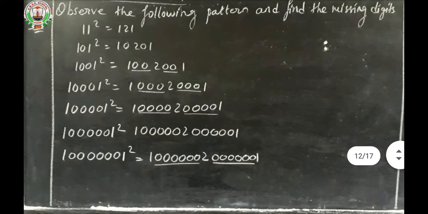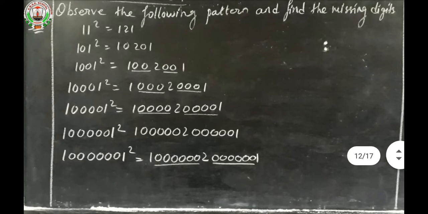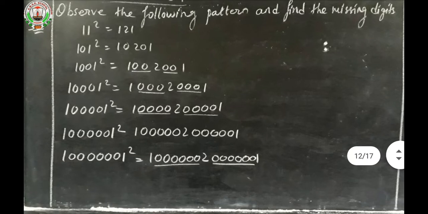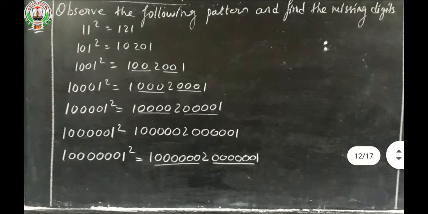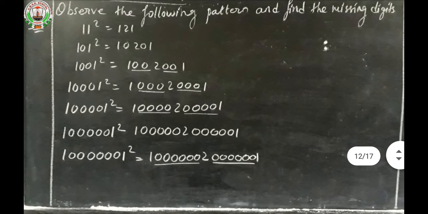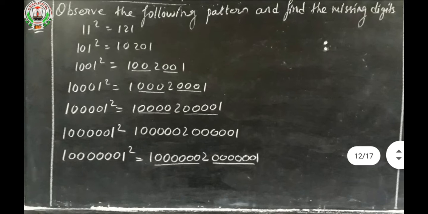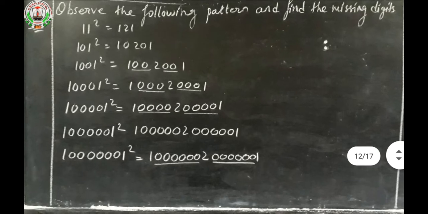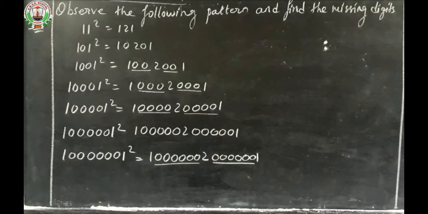Then 101 square, that means 101 into 101, that will be 10201. That means again 1001 square will be 1002001. That means here the number of zeros is going to increase. Look at the pattern, then only you will understand.